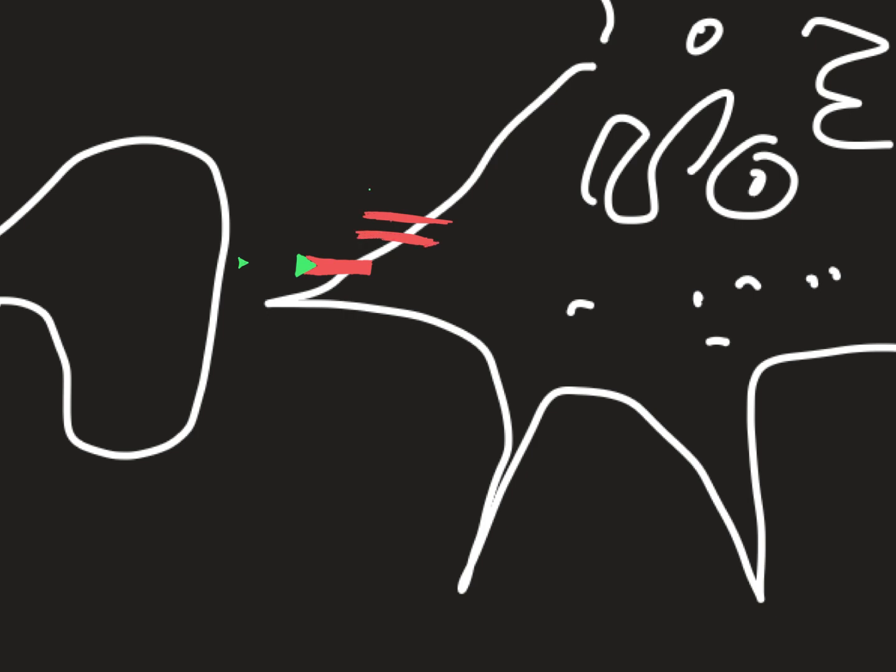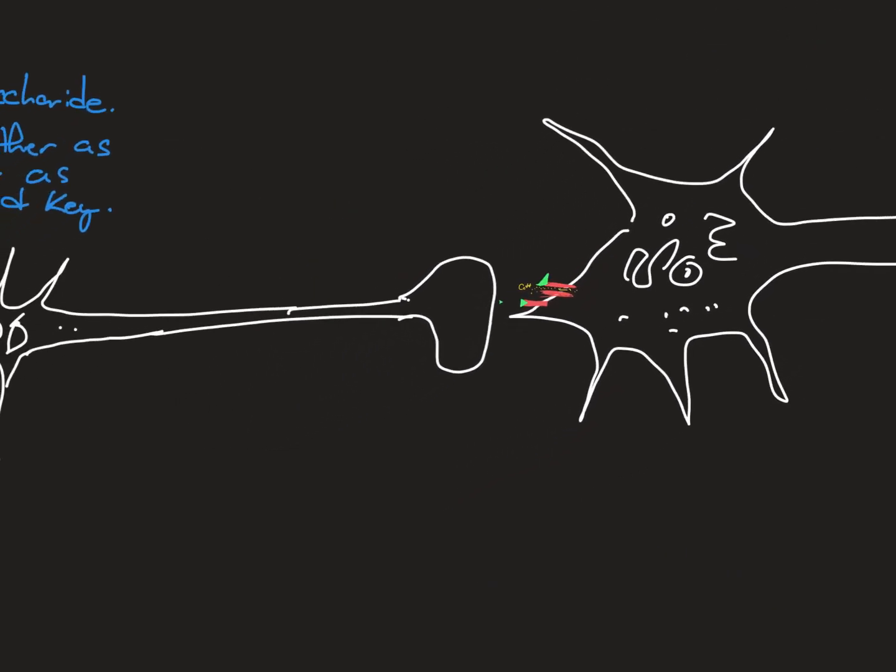The protein opens up a channel, and that channel allows calcium ions to flow through the channel, which continues to signal down the neuron.